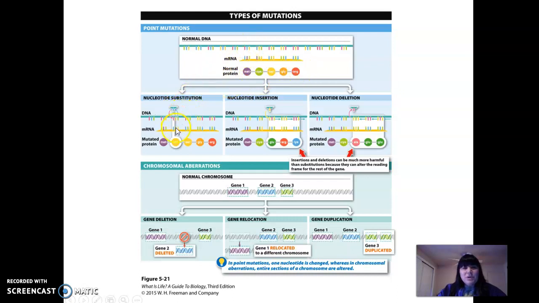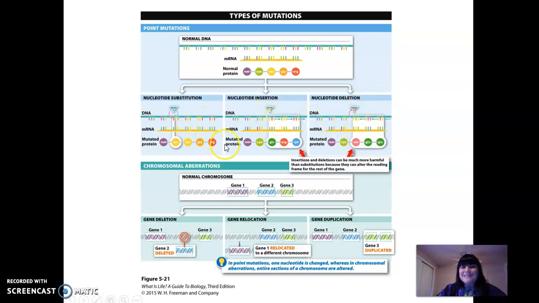Sometimes a mutation could be a base substitution. Like, again, something happens and the base, let's pretend it was an A, now changes to something else. That's a base substitution. Sometimes a mutation can be an insertion, meaning you bring in a new base. And sometimes a mutation can be a deletion, we take out a base.